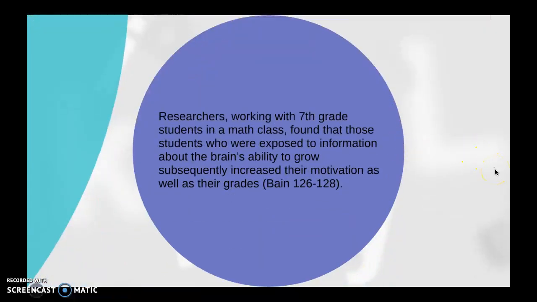Researchers working with 7th grade students in a math class found that those students who were exposed to information about the brain's ability to grow subsequently increased their motivation as well as their grades. So that is the main points from those 3 pages about this research study. And I'm going to put all the pages that I brought that information in from and reworded into my own. So this is very useful, especially when you're doing research papers and you need to take something that was explained over pages and just highlight the main points and put that into a paraphrase.